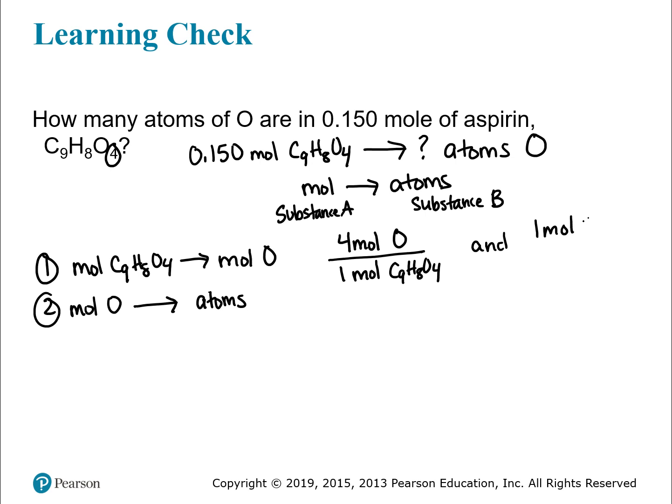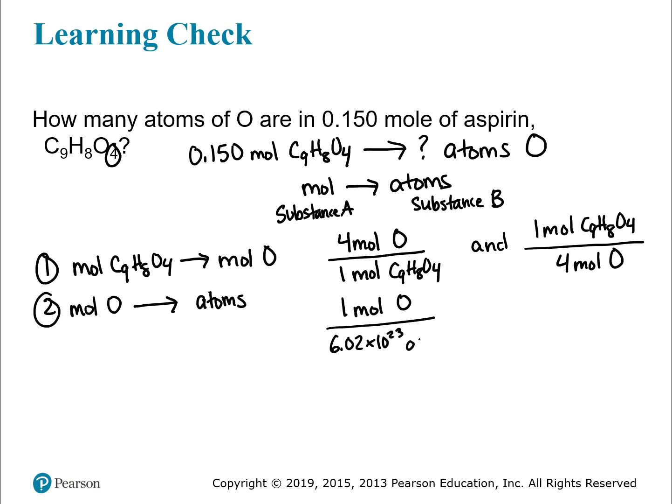And then, of course, we have the reciprocal. For the second part, we need Avogadro's number. And the 2 conversion factors we can write there: 1 mole of oxygen has 6.02 times 10 to the 23rd atoms. And we can write the reciprocal.